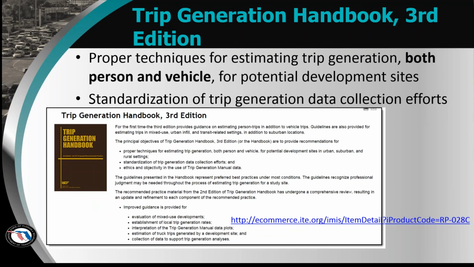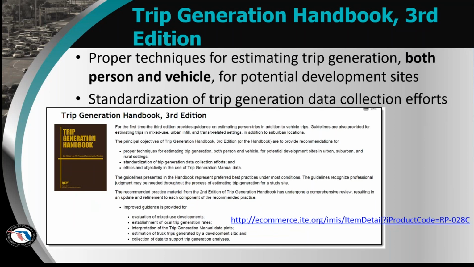The third edition Trip Generation Handbook has come out recently, which is different than the Trip Generation Manual. The Trip Generation Manual is the very thick, weighty document with all of the graphs in it and most of the data. The Trip Generation Handbook is the guide for how to use the data and how to collect more data.